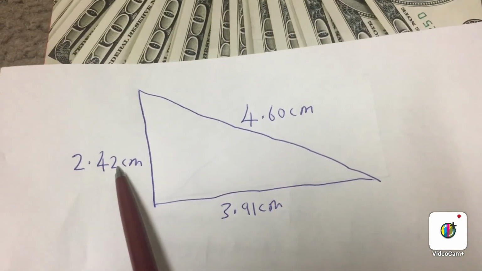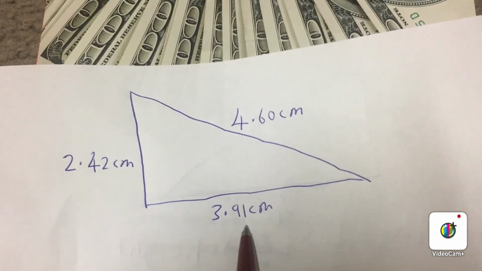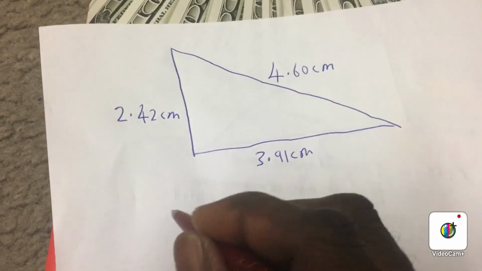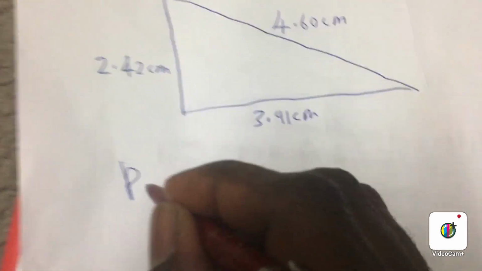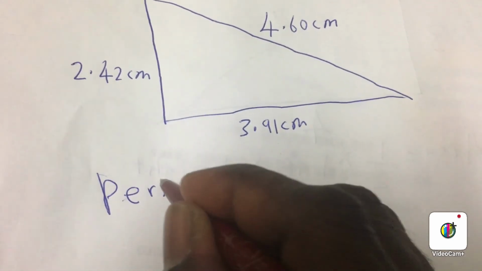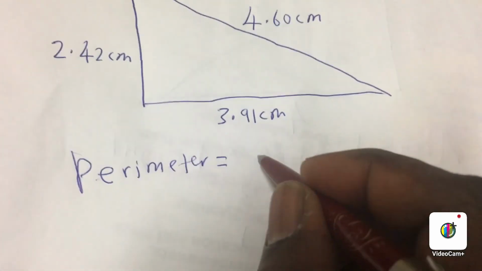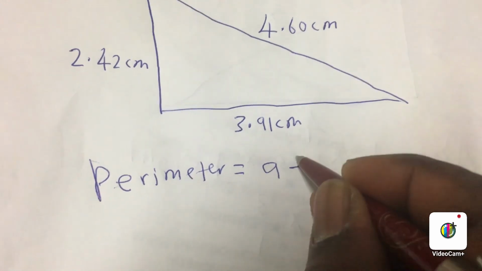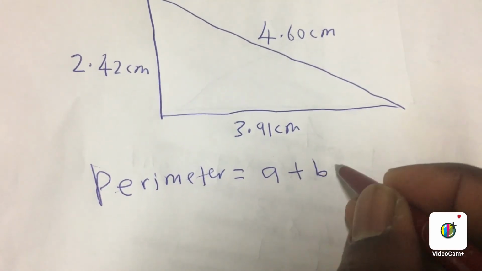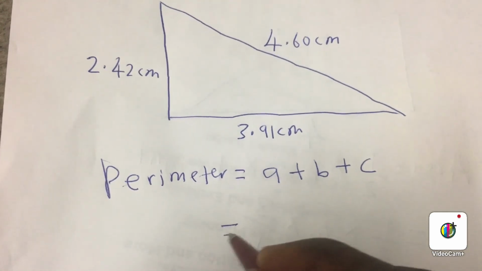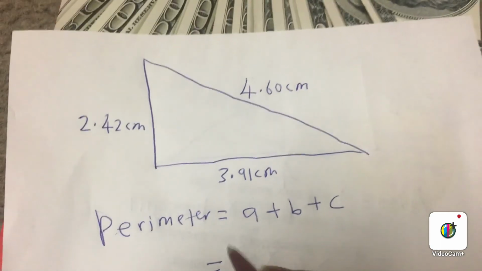This side can be A, this side can be B, this side can be C. So that the perimeter, okay, equals A plus B plus C. Now I put the numbers. Let's put the numbers in.